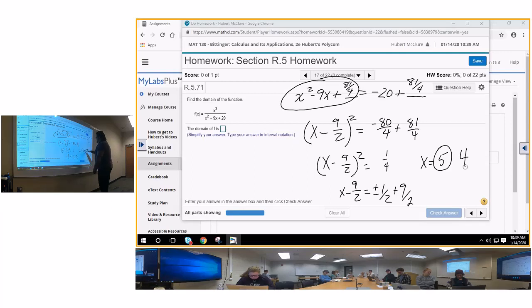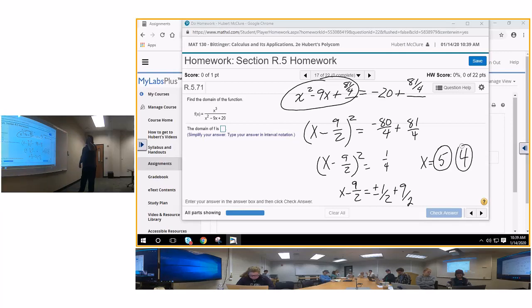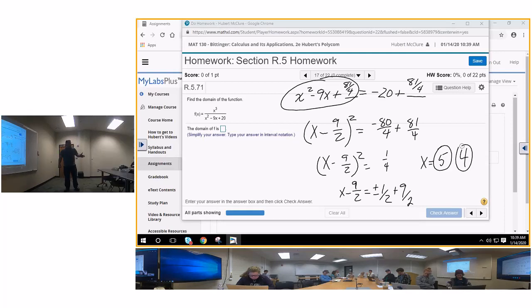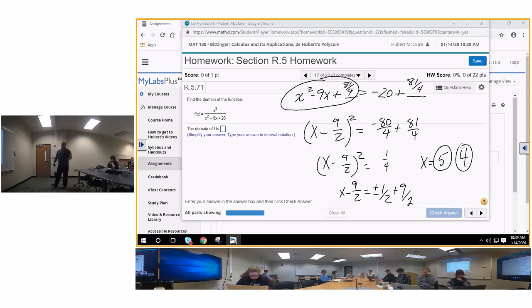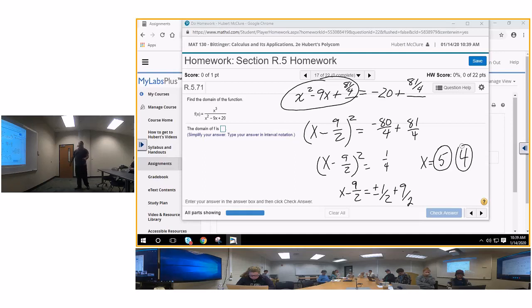So you should get 4 and 5. Now, I do realize that you could use reverse FOIL. I know that. But I use completing the square because completing the square is very important for you to be able to do things in calculus, especially limits. So always make sure students can do it.